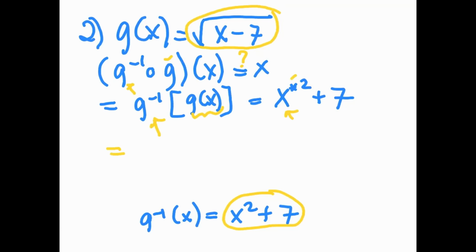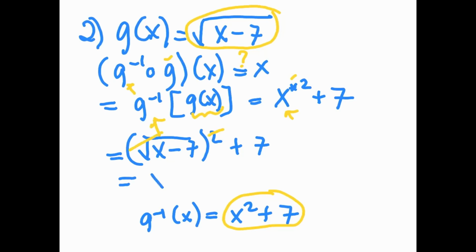So this will now be equal to the square root of x minus 7 quantity squared plus 7, and of course this will be equal to x minus 7 plus 7, which is of course equal to the variable x.